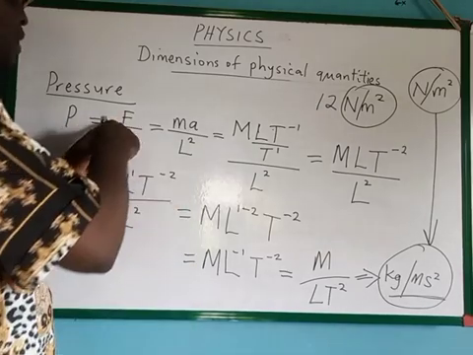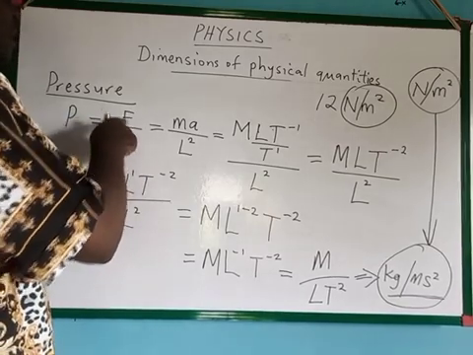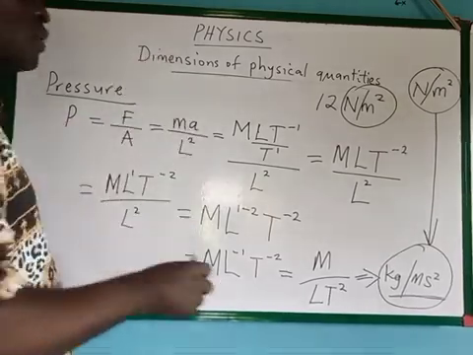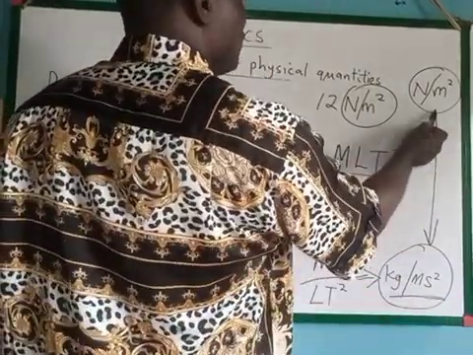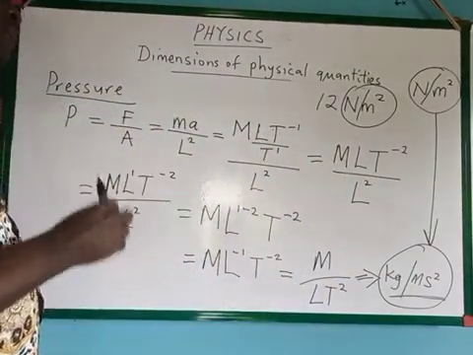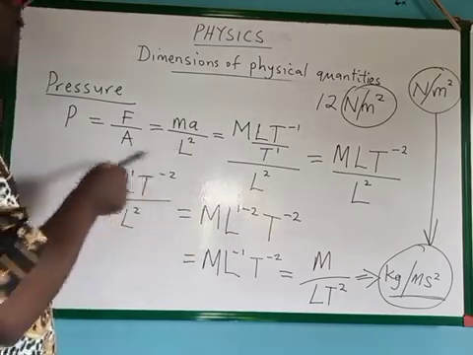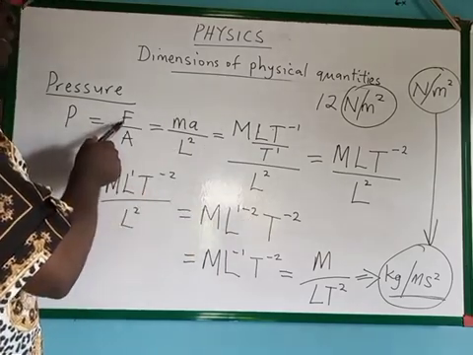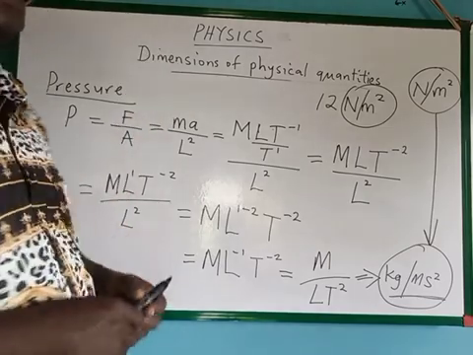Force is Newton, divided by area, which is meter square. It is Newton per meter square. So all these, which we have gotten from the dimension, translate to Newton per meter square. So the SI unit of pressure becomes Newton per meter square, because the name of the man who worked on force is still reflecting on that formula. So that's where we'll end.